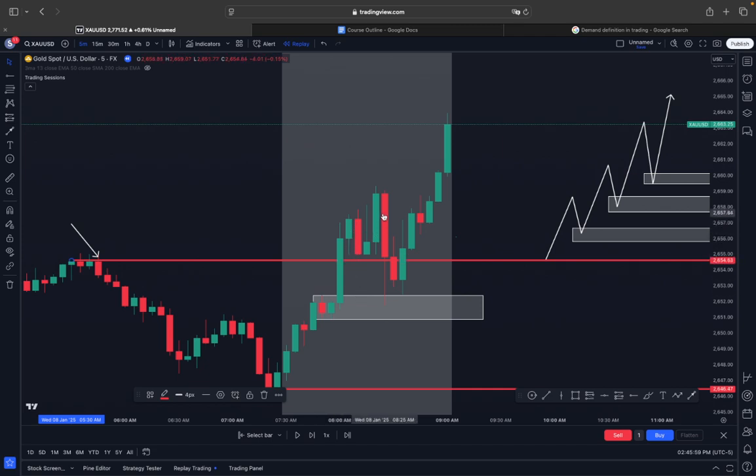Then you get your retracement candle, taps into this price area like we said. These are just price areas, but we want to make sure we get a valid touch, a valid tap. That's why you got to be precise on where you're putting your demand zones. And guess what? We started buying again from there.